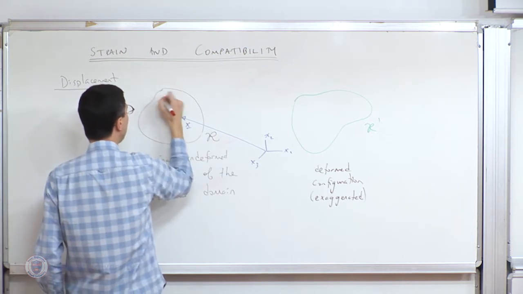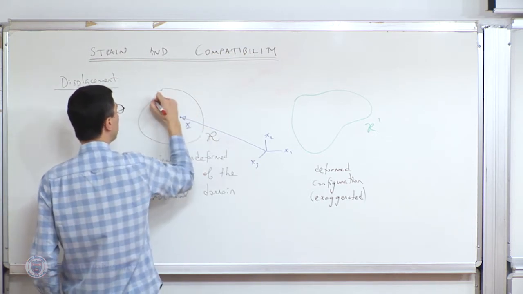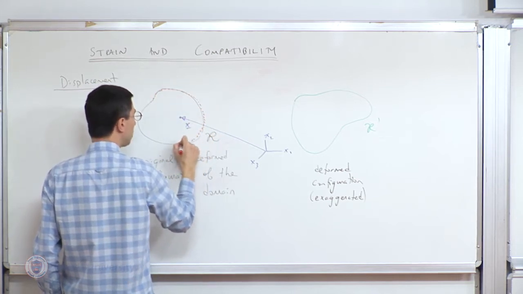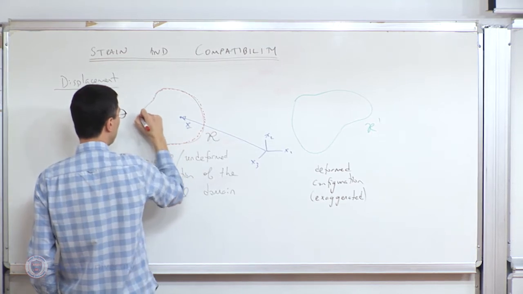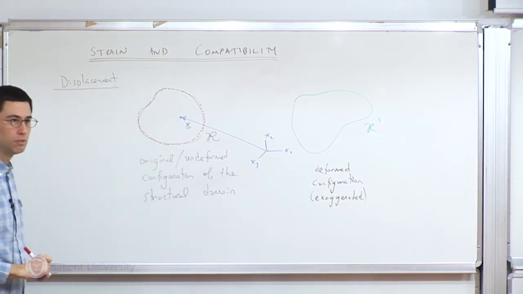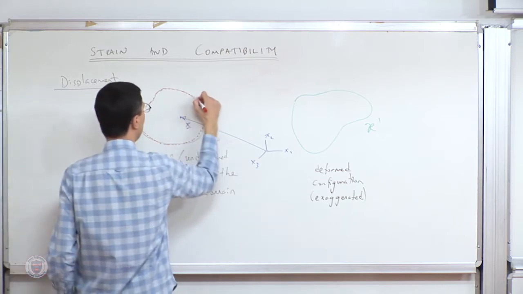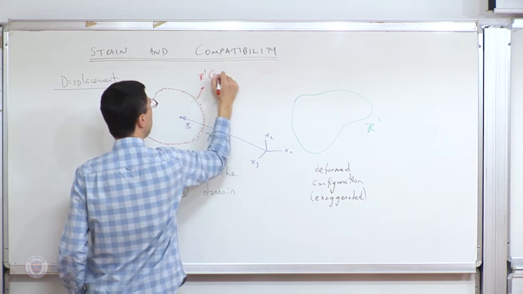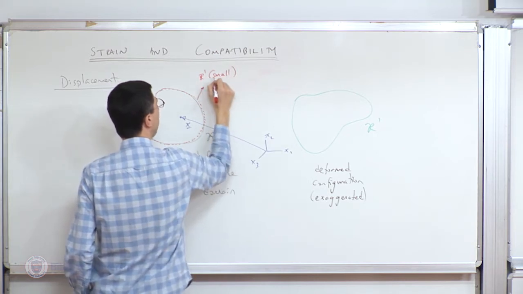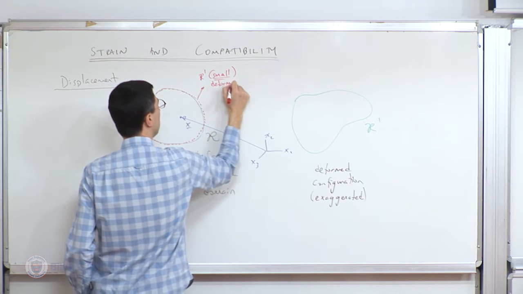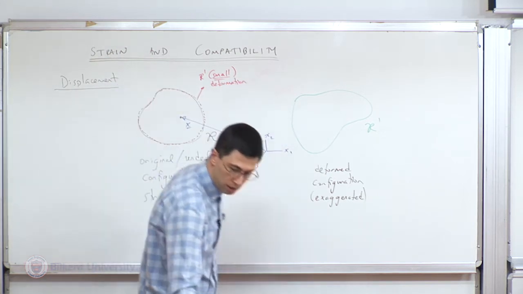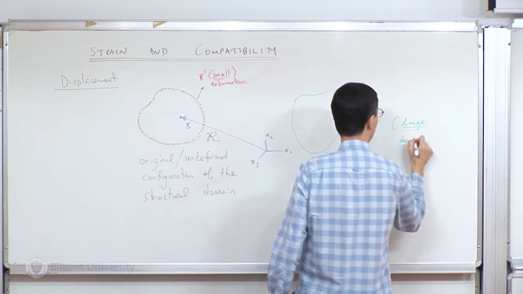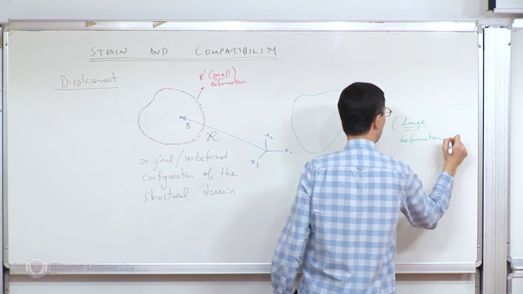So in reality, if this is the original configuration, the deformed configuration will change just a tiny bit from the original one. This is R prime if I have really small deformation. This one, therefore, is the R prime that I would have for large deformation. We are interested in this course in small deformation.